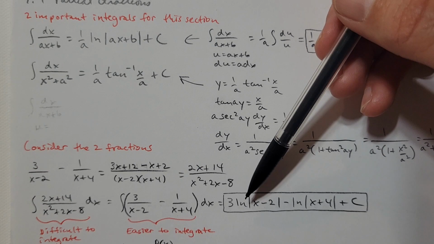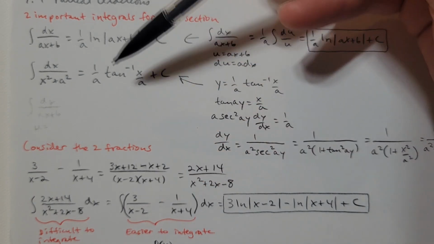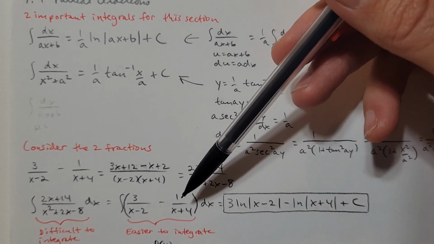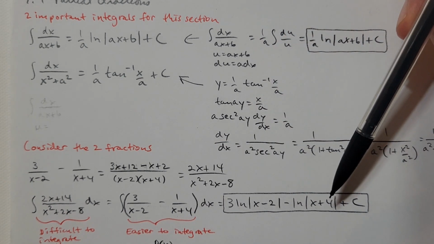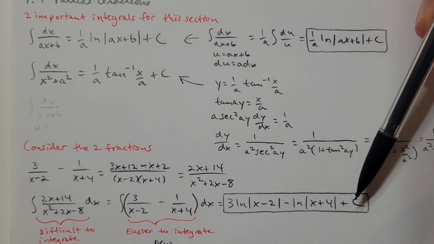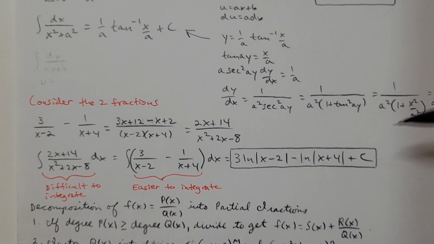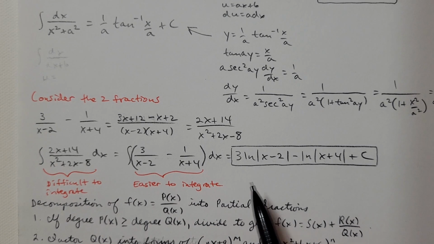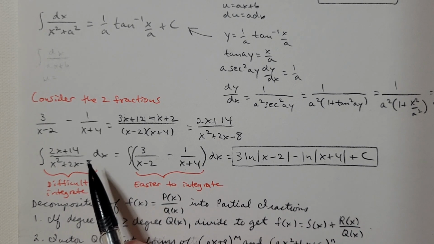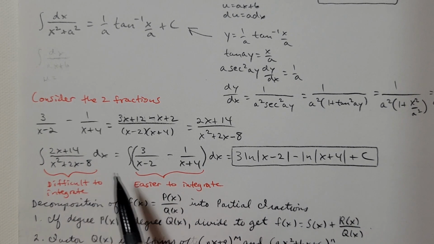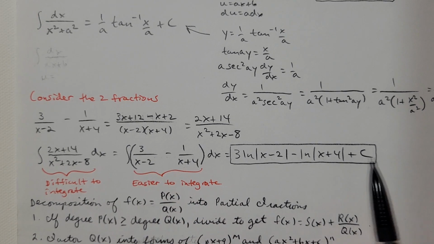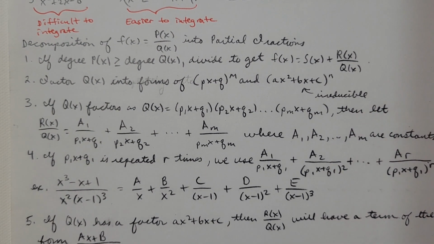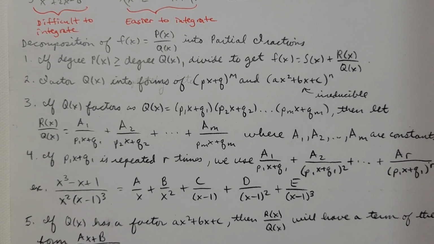So you got 3 times the ln of the absolute value of x minus 2 minus the ln of the absolute value of x plus 4 plus a constant. Done. Okay, so that's the value of this integral also. Okay, so the idea here is we're gonna learn how to split this guy up to this guy. Okay, there's a kind of a 5-step process here that we'll follow.